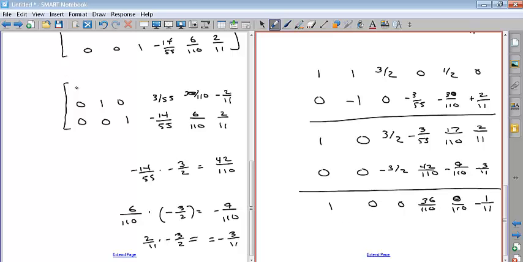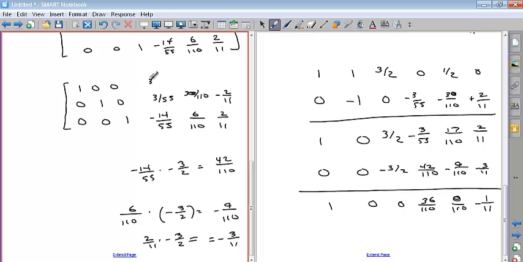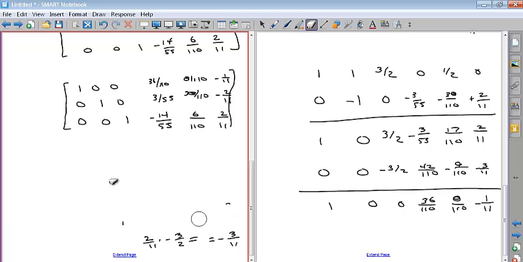So I can put that up here. 1, 0, 0, 36 over 110, 8 over 110, negative 1 11th. And what I could do is change them all to 110ths. So what I'm going to do is factor out 110.